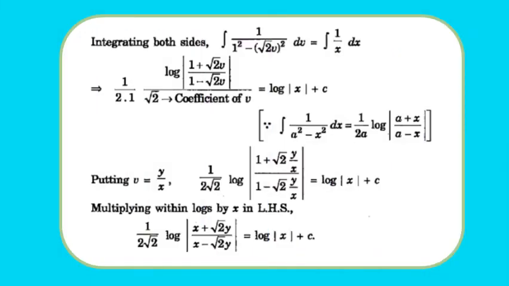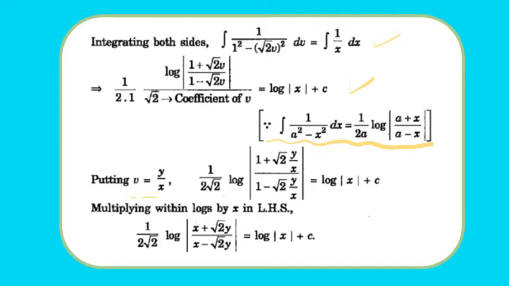So integrating both sides, that is the integral of 1 upon 1 minus root 2 v squared dv equals the integral of 1 upon x dx. We are applying the property that the integral of 1 upon a squared minus x squared dx equals 1 upon 2a log mod of a plus x upon a minus x. We get 1 upon 2 into 1 log of 1 plus root 2 v upon 1 minus root 2 v equals log x plus c.